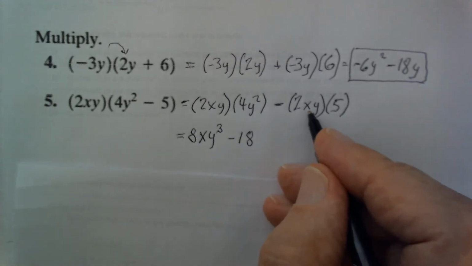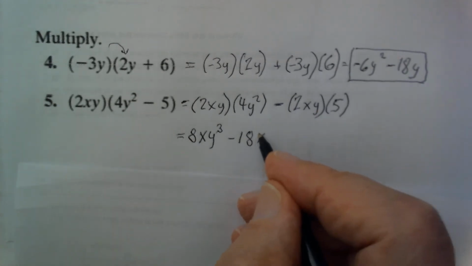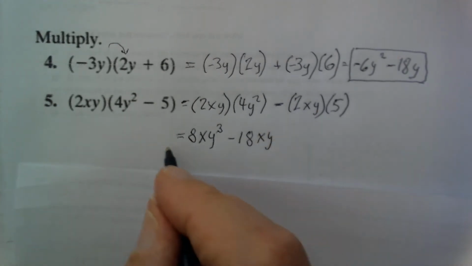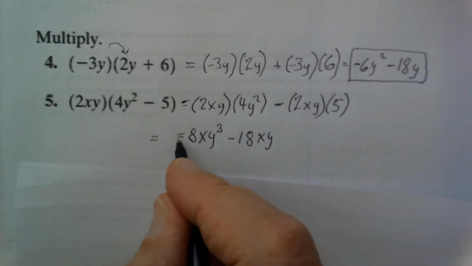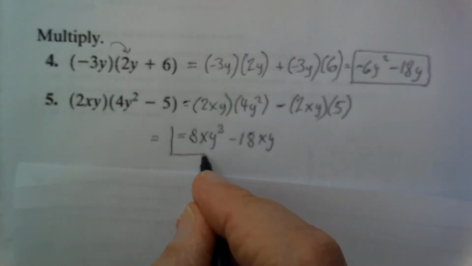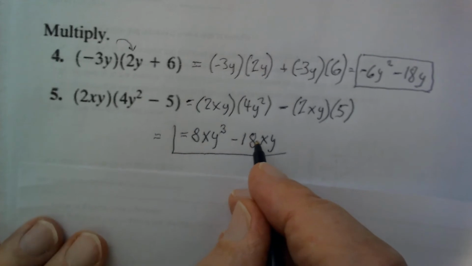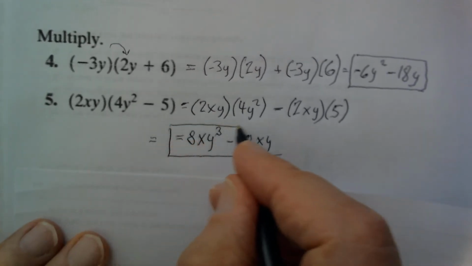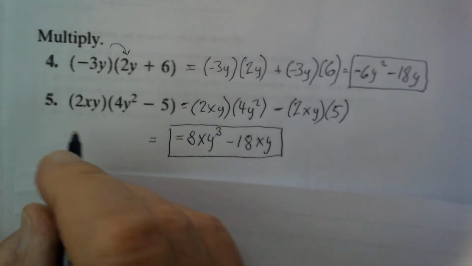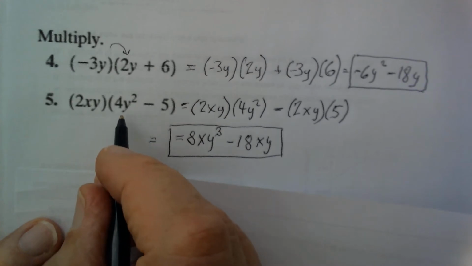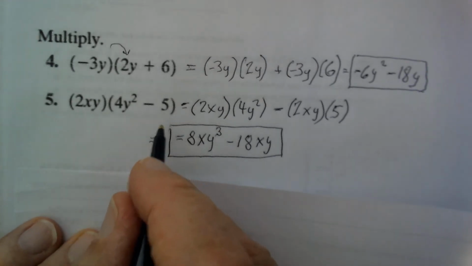And then xy. So that is the result of multiplying the monomial 2xy times the binomial 4y squared minus 5.